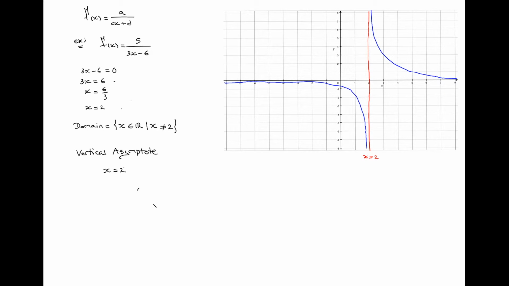Now, let's look at another example. Example 2. Let's say we're given the function f of x equals negative 2 over 5x plus 15. Again, our first step is to determine at which value of x, if there are any, the denominator equals 0.